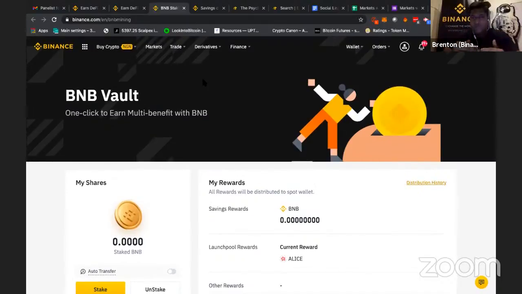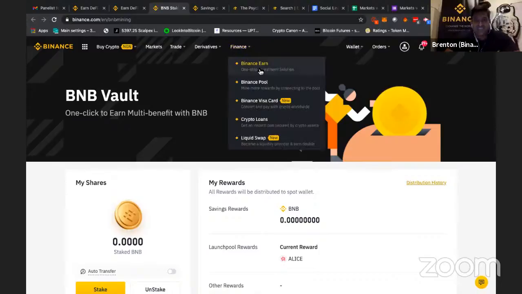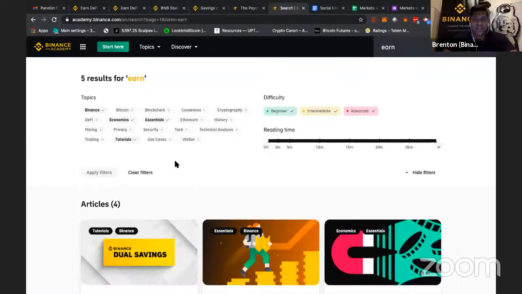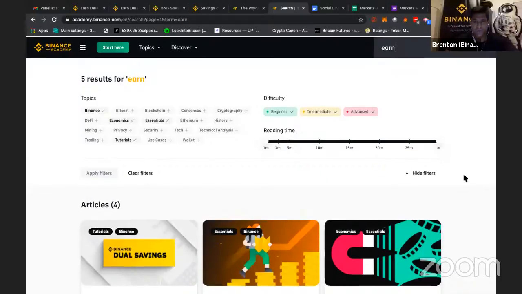So, Binance wants to give you access to all of these products. So do a little bit of research, and we know that it's probably a little bit overwhelming. Like I just came here and I started telling you flexible, fixed savings, high risk DeFi. So yes, these things are very exciting, but before you start transferring funds, it's good to know what the products are, to make the best, most informed decisions.